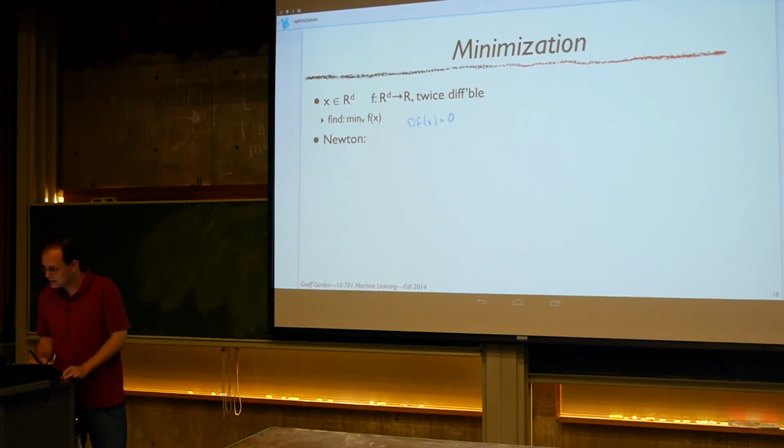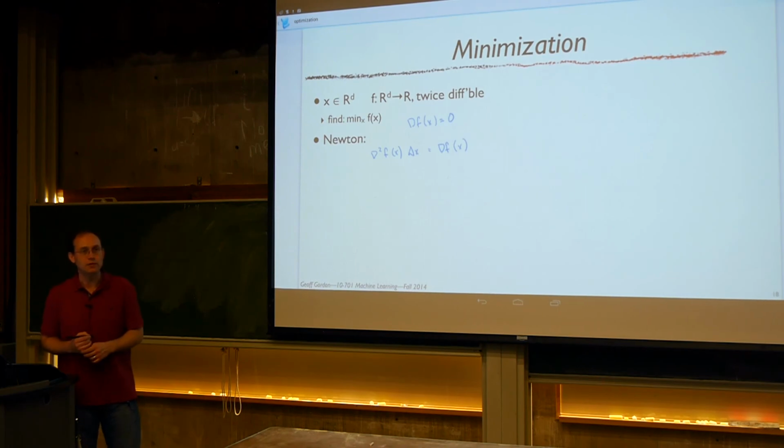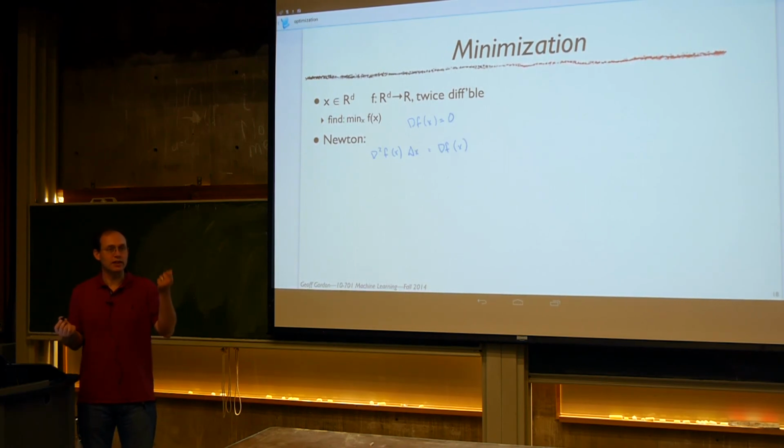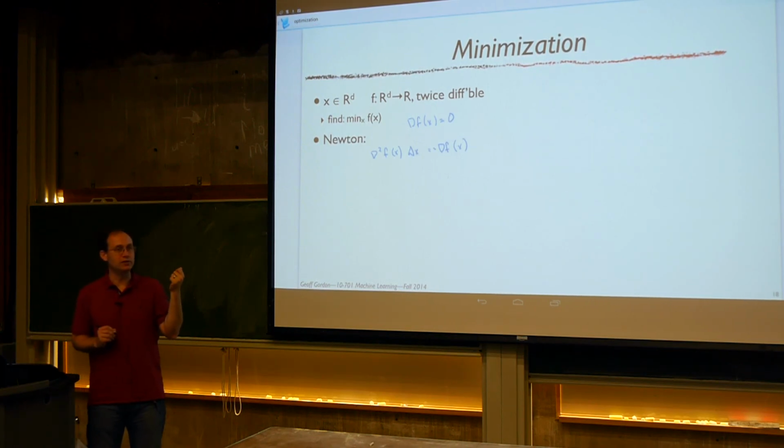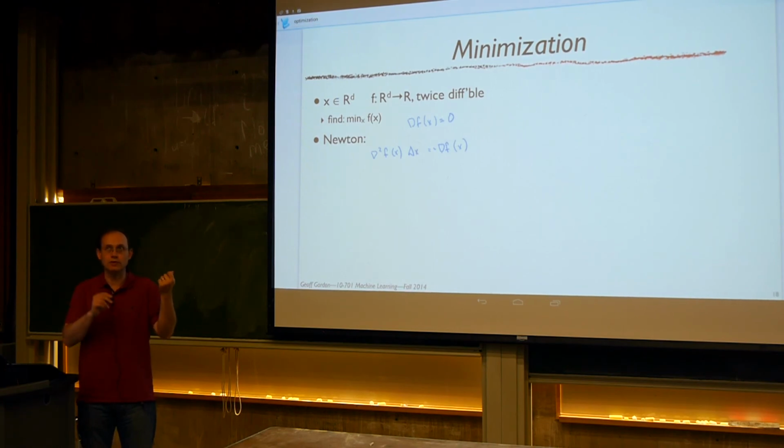In particular, what Newton's method says is that we take the gradient of f, so that's grad squared f of x times the step delta x. That has to be equal to the negative of the original function, which is now the gradient of f evaluated at x. Newton's method originally says the derivative of our function times the step equals the negative function at the current point. Now our function is already the derivative of our original function.